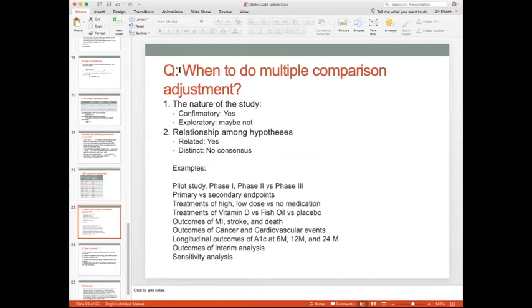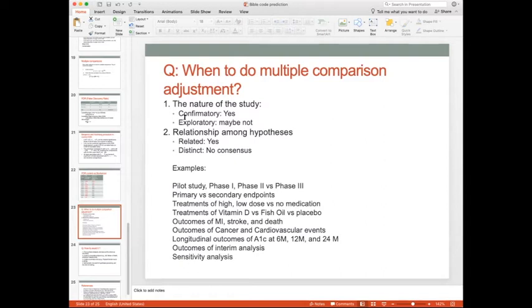This is the currently acceptable way to handle multiple comparison. There are two things you look at. The first is the nature of the study: is it confirmatory or exploratory? If it's a confirmatory study, you definitely want to control for multiple comparison.